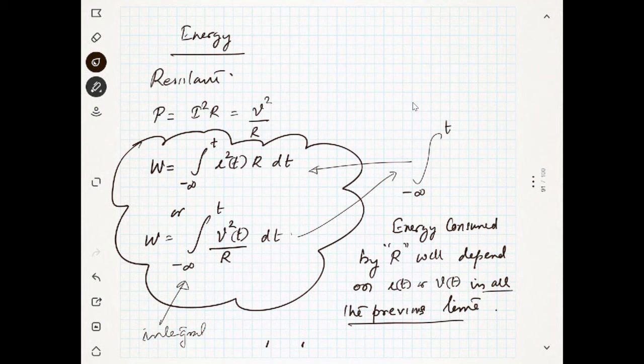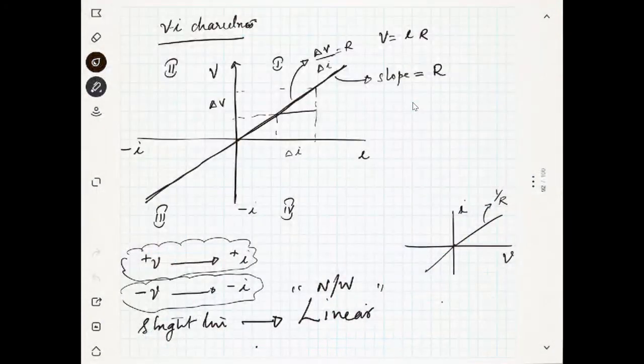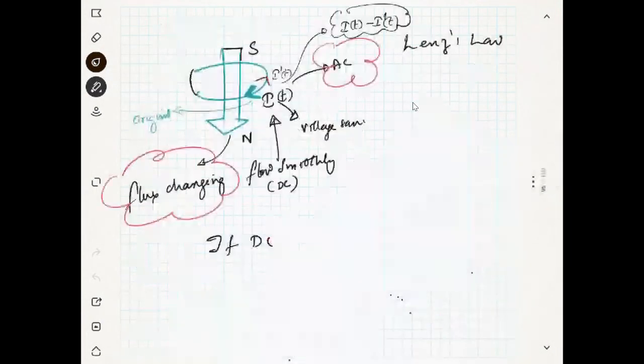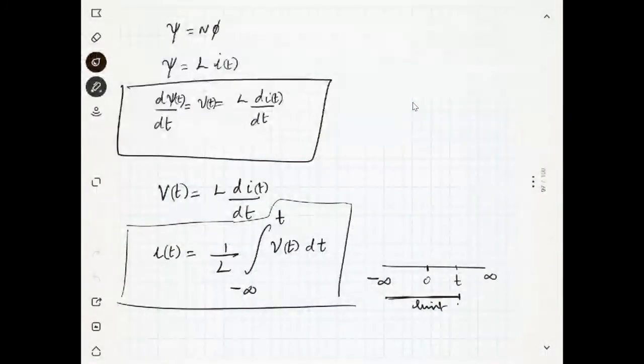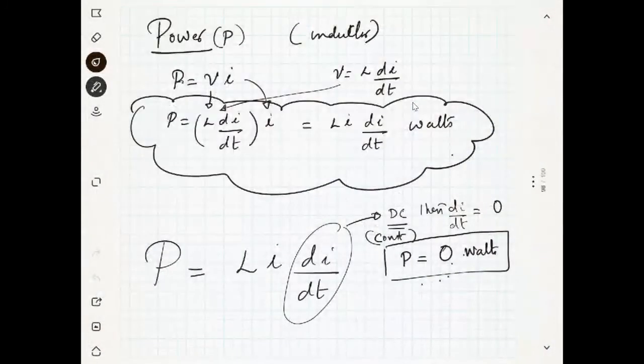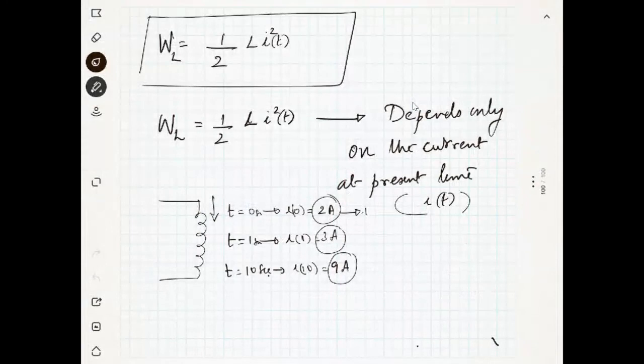It depends upon all the previous current, from all the previous time till the present. But the energy stored by the inductor will depend only on the current through that inductor at the present time.